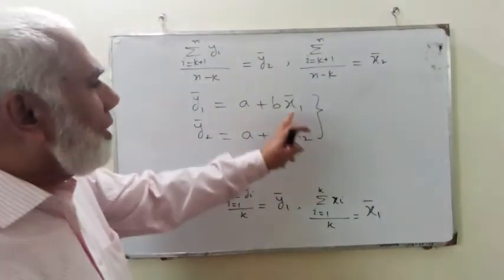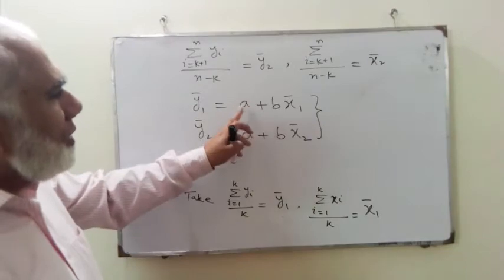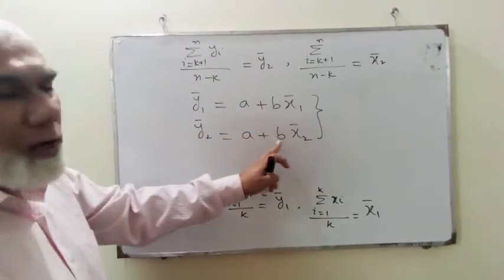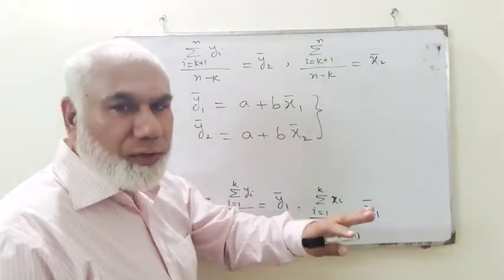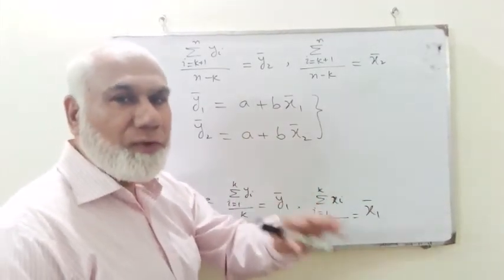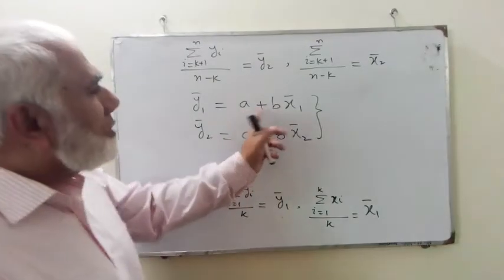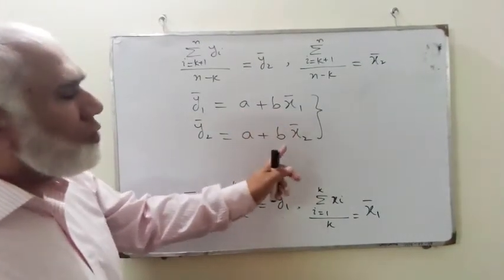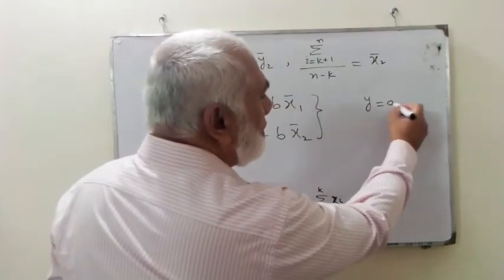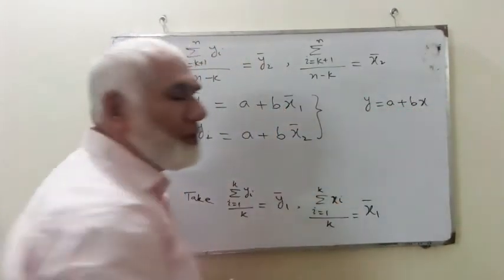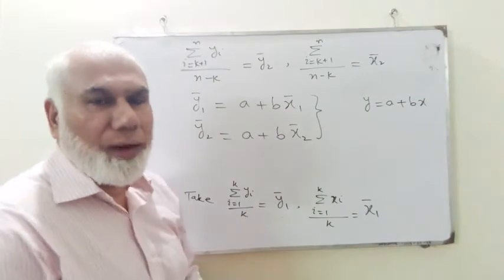Now, from these 2 equations, we are looking for these 2 unknowns. Basically, why are we constructing these 2 equations? These 2 equations were constructed just to find the 2 unknowns. And these 2 unknowns, if you remember, are an essential part of the equation of the straight line which we have to pass through the given set of points.